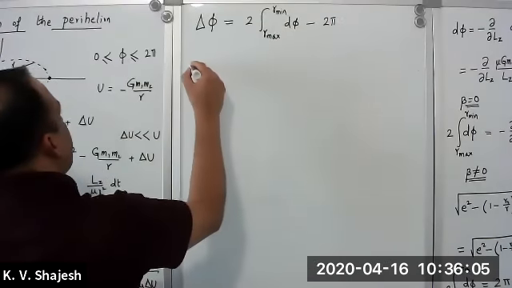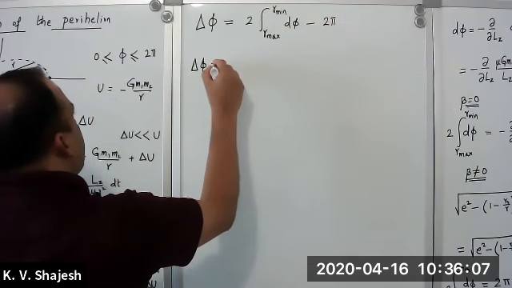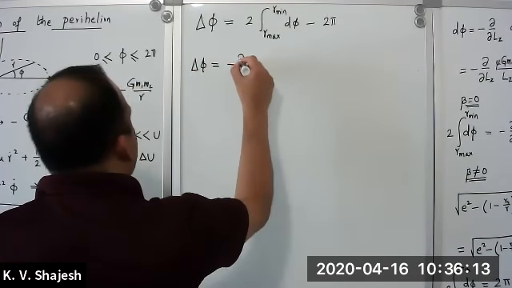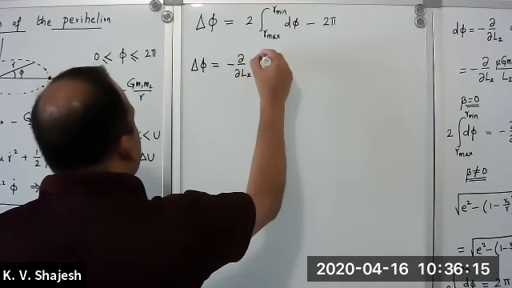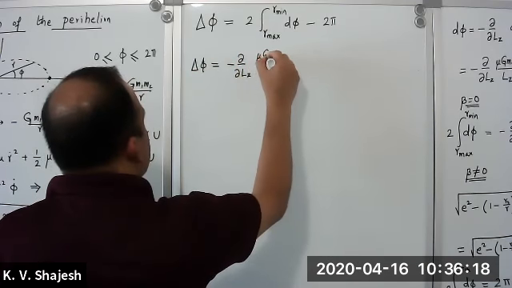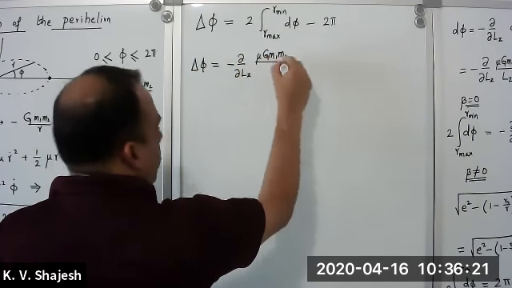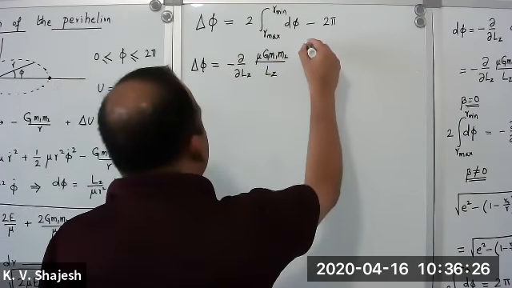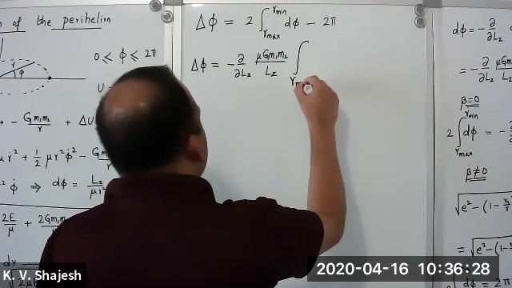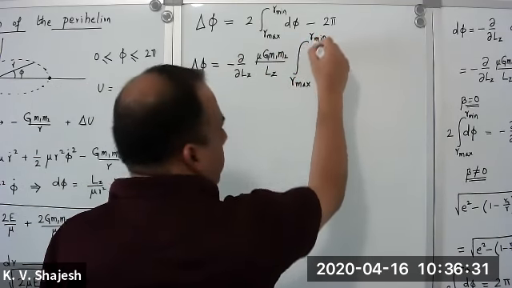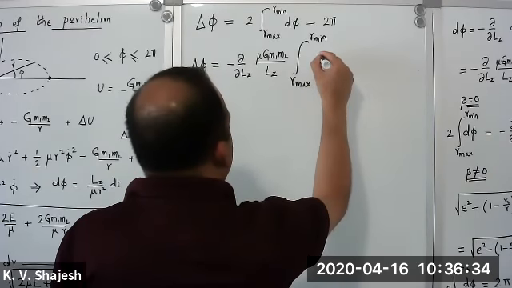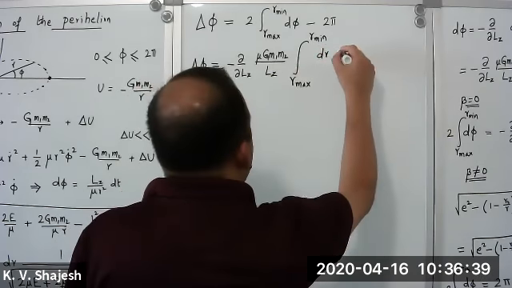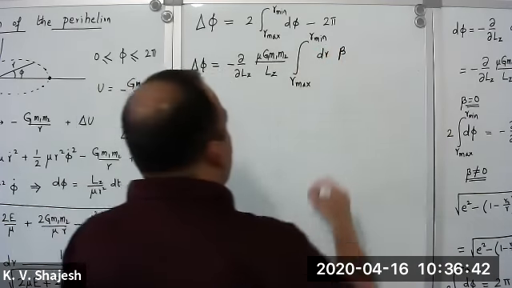So delta phi, which is a precession angle, is minus d by d lz of mu g m1 m2 over lz, times an integral from r max to r minimum of dr over beta and kappa over r squared.